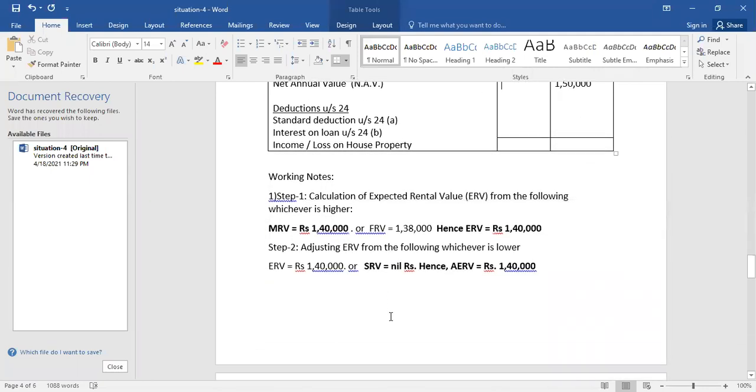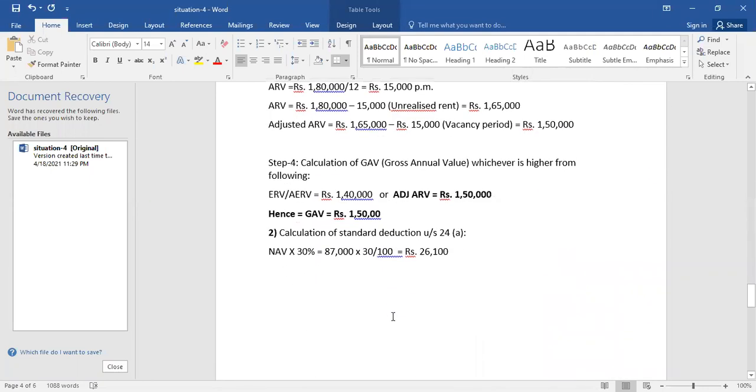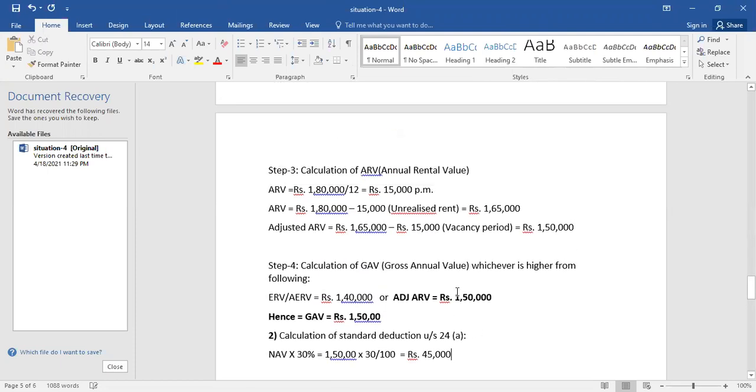Now standard deduction, as we know, is 30%. 1,50,000 into 30%. How much is it going to become? Is it 45,000? Guys, 1,50,000 into 30%, standard deduction 30%.